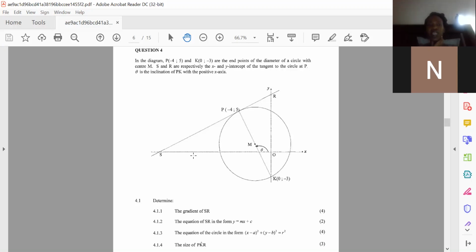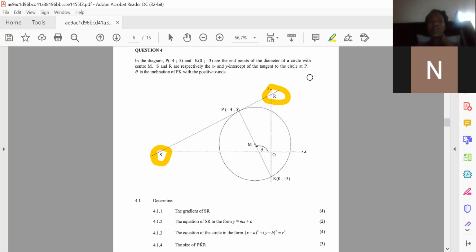So S and R are the x and y intercepts of the tangent. Can you see this line SR is a tangent? That's what they're telling you.